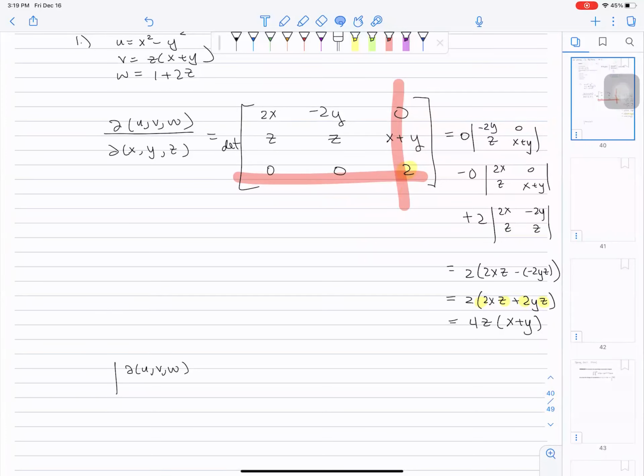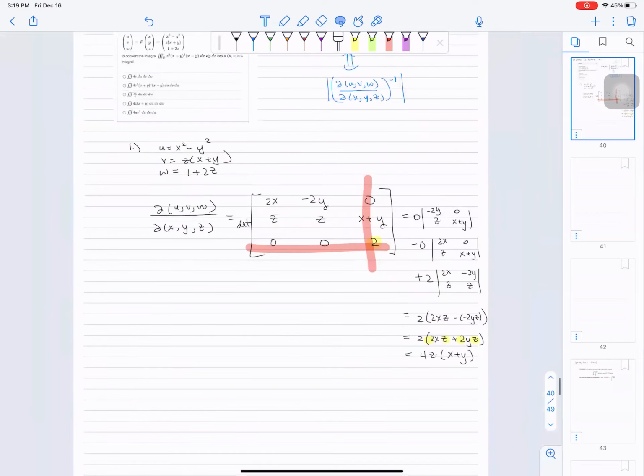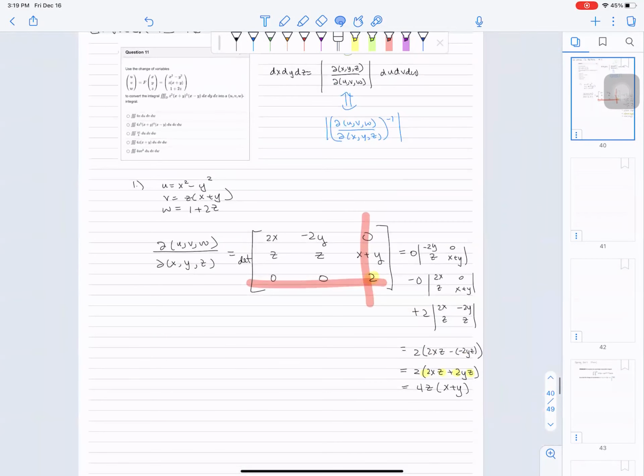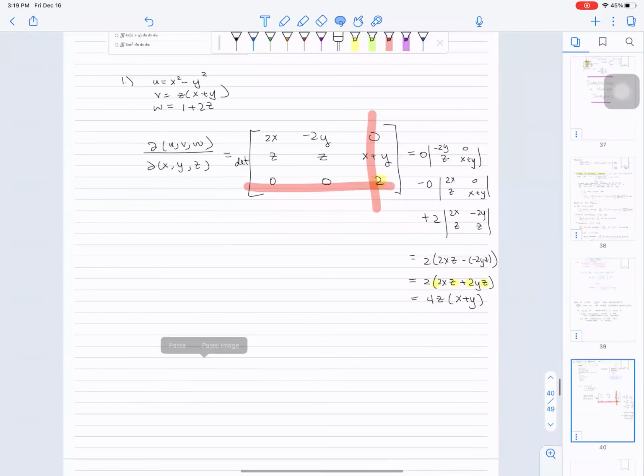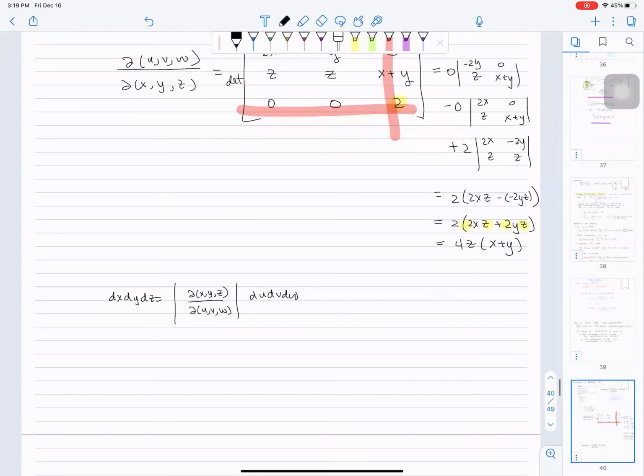Okay, so I have that. Now, what did I want? Let me just write this whole entire expression. I wanted this, and that's equal to the inverse of the Jacobian that I did find.